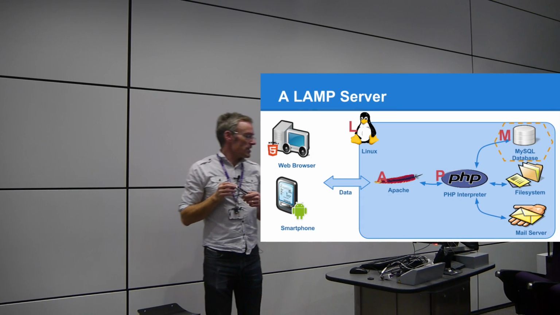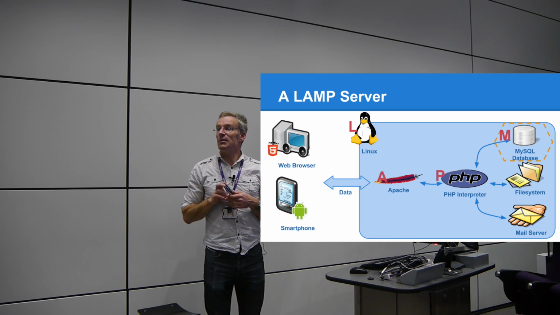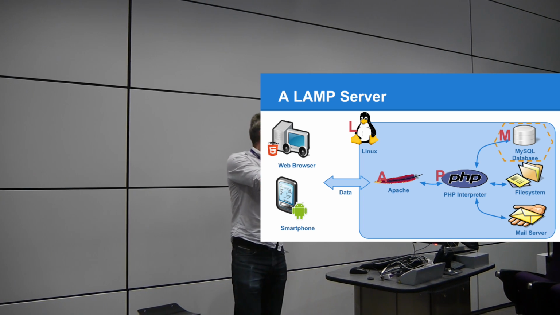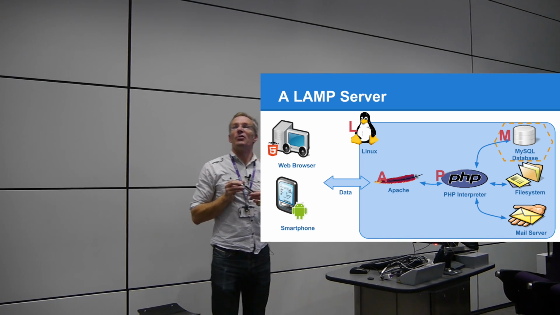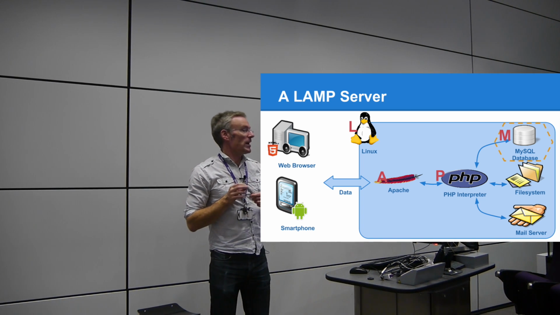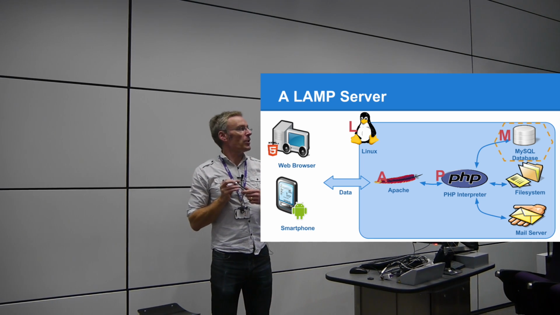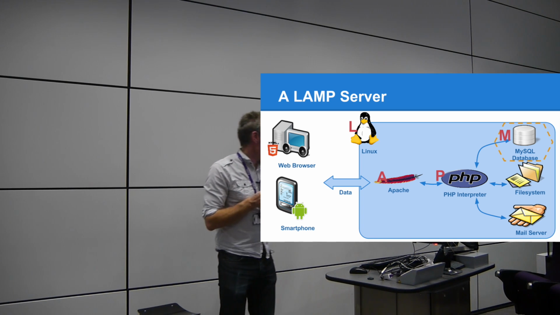And this is the classic setup for the sort of server you'll be working with. This is pretty much what you're working with in the labs from this point onwards. A LAMP server, another acronym to take on board and to remember. A LAMP server is Linux, the L, which basically means most servers run on Linux. Most web servers run Linux. I think it's 3 Linux servers to every Windows server out there. So you need to understand Linux servers if you're going to work in web.